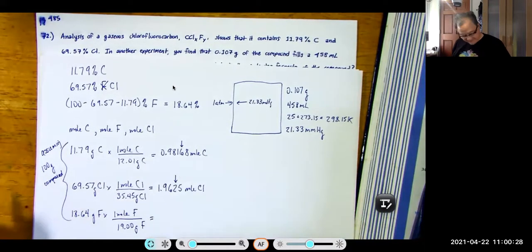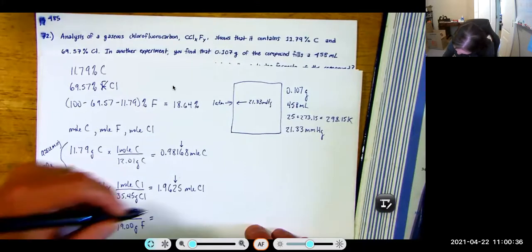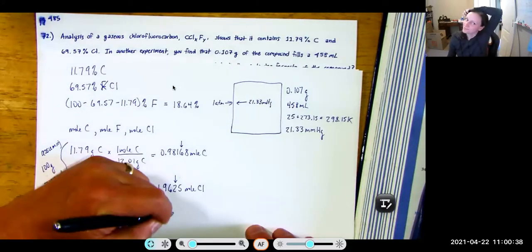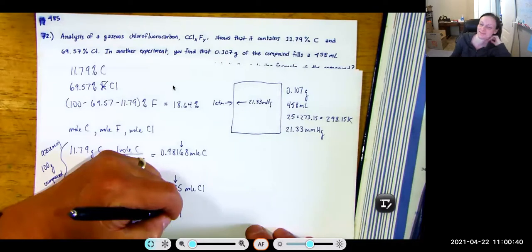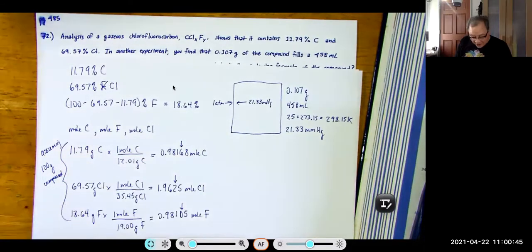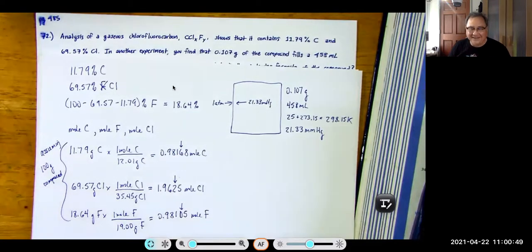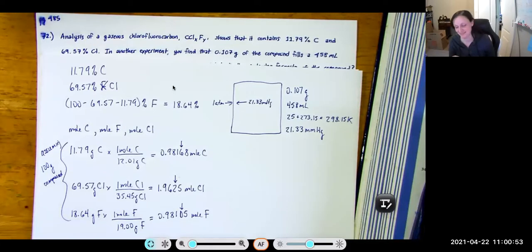How did I know that? It's so close to that number that I thought they've got to be the same moles, right? Yeah, because it's a 1-to-1 ratio.